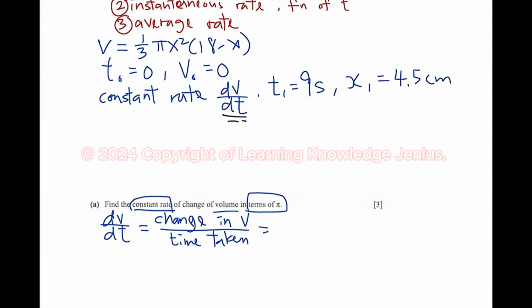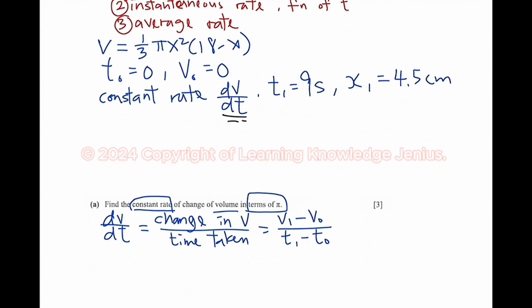So since it's the change in volume over the time taken, you can also write it another way: V1 minus V0 divided by T1 minus T0. So this is the formula you can use for the constant rate.